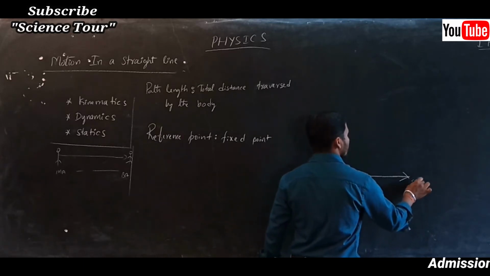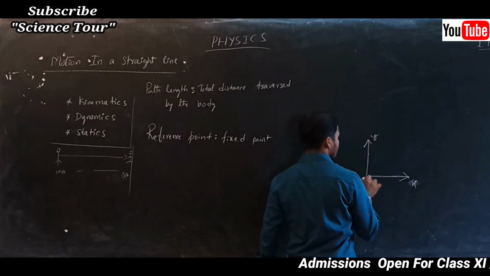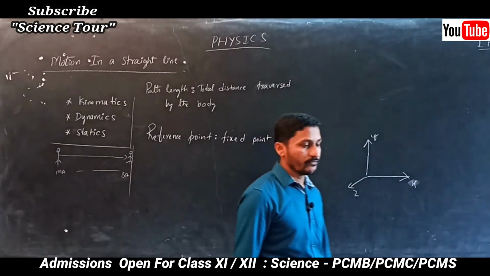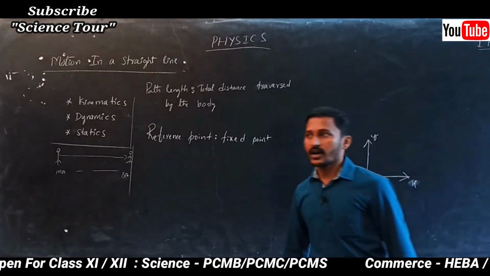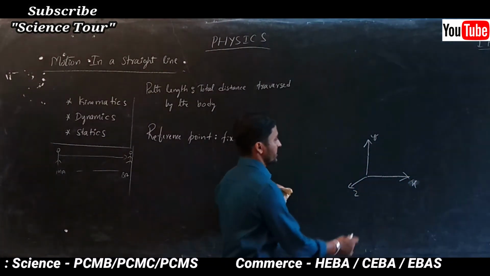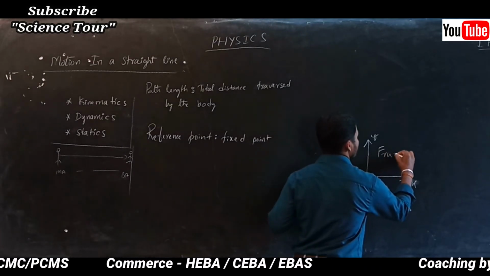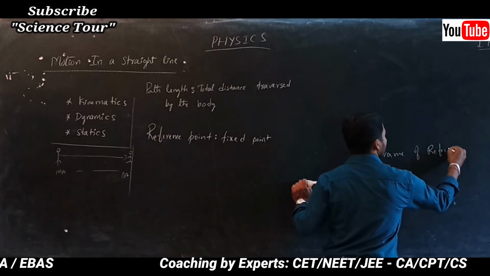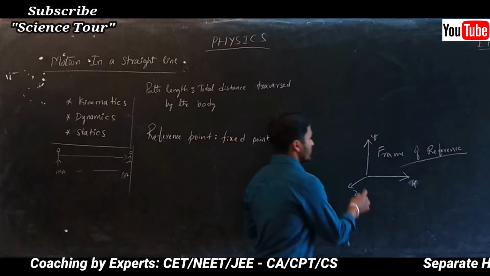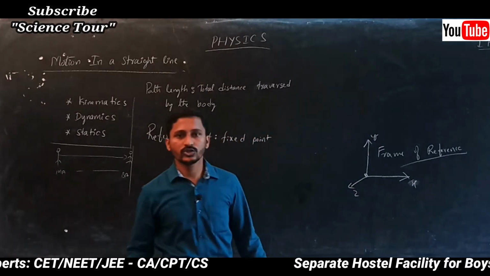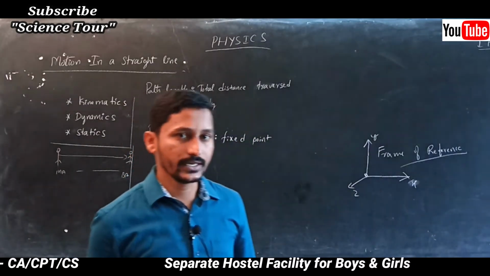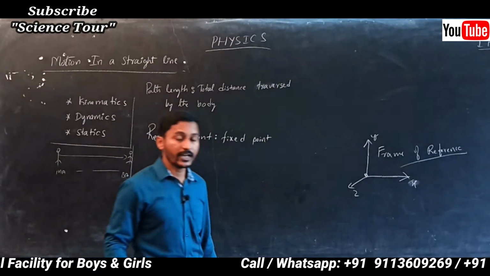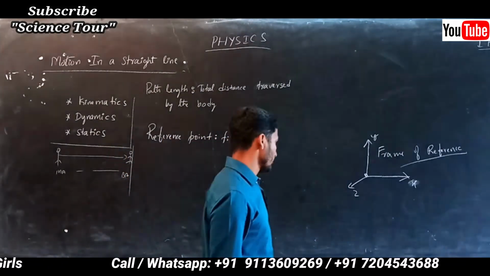But when physics is considered, we will call those rectangular coordinates a frame of reference. Frame of reference means with respect to this frame you are defining the position and motion of the object.